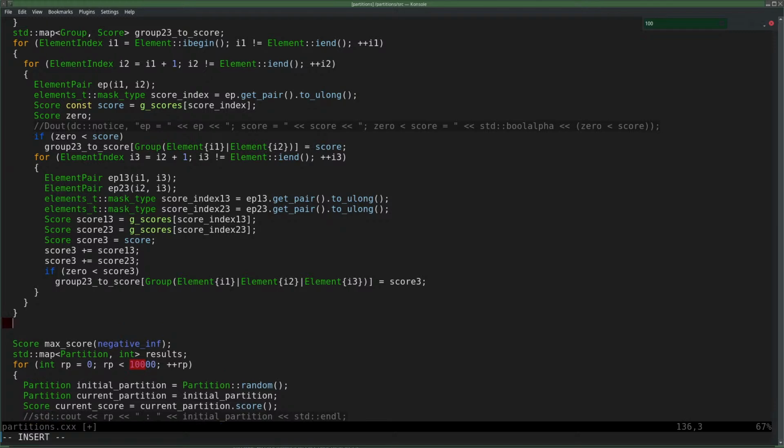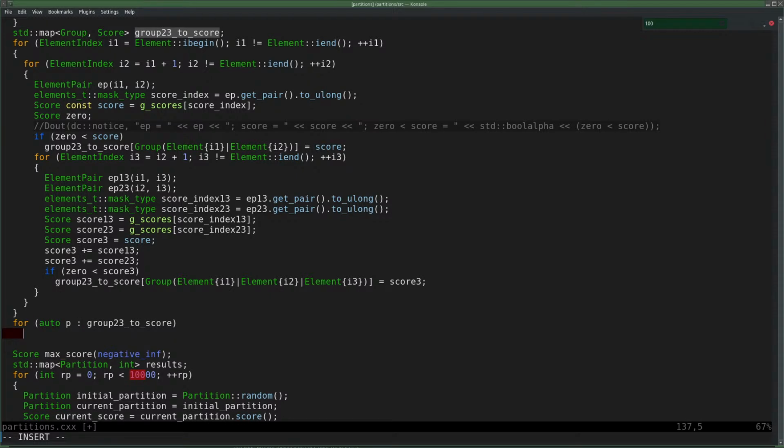We can just run over all the elements. I can also print pairs, I think. So let's try to print it like this.